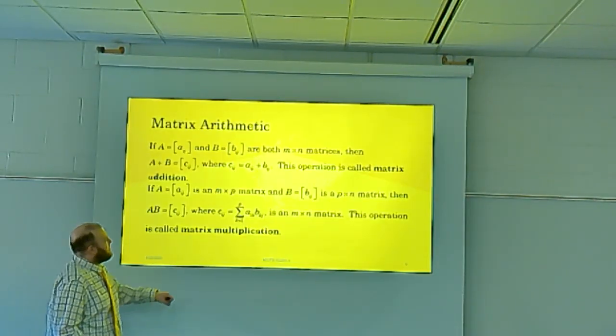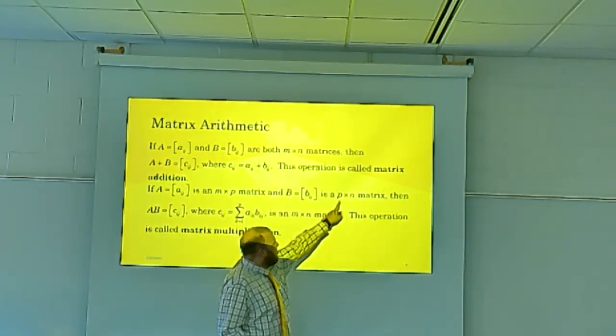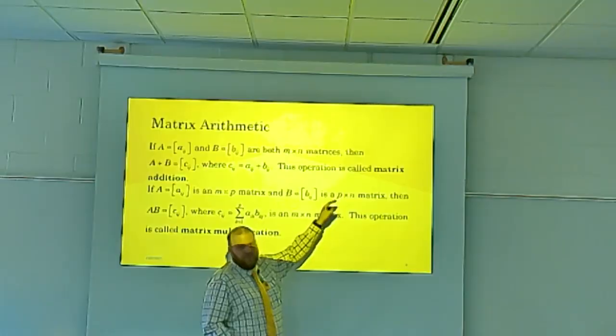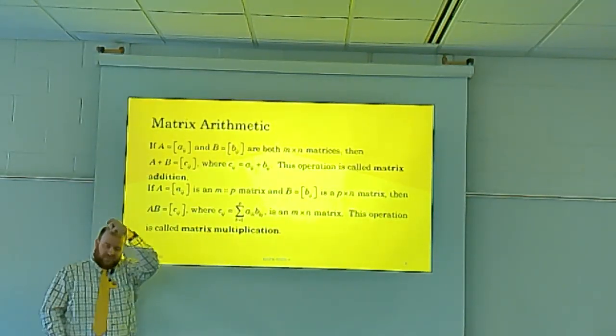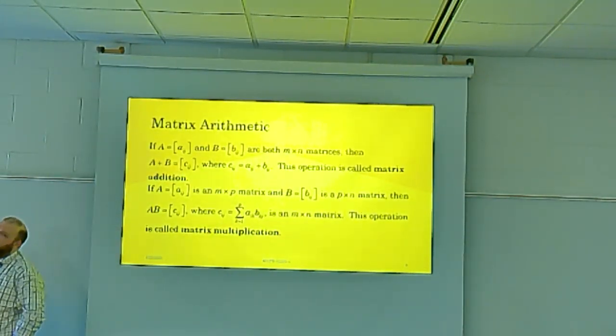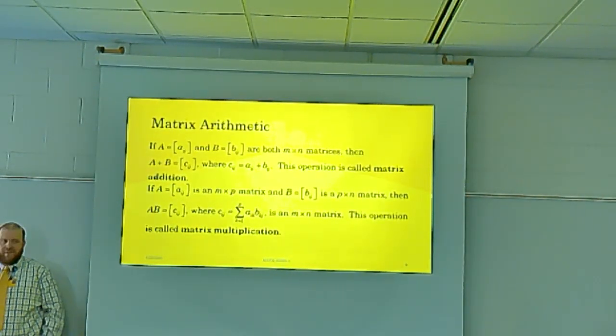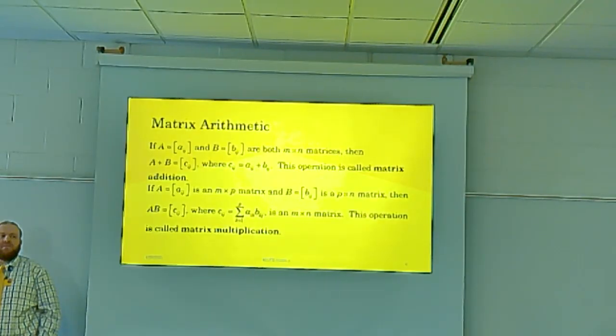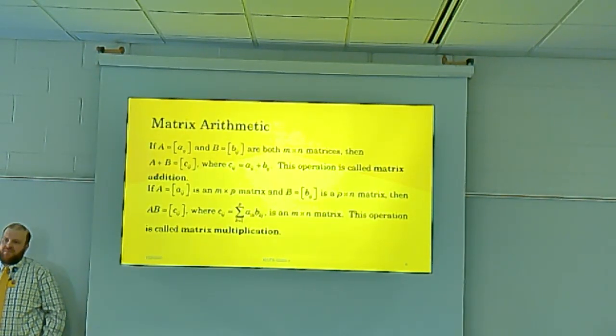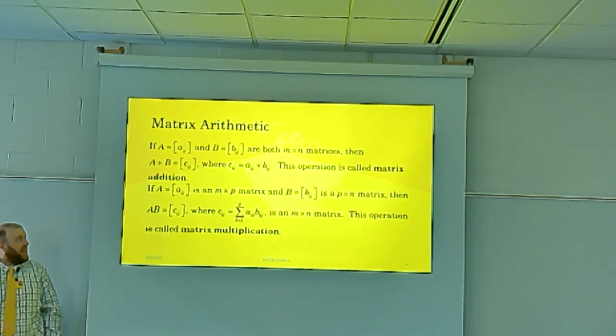So if you just look at the sizes, your middle numbers have to be identical. What happens if they aren't? Then the operation is undefined. So this should be very easy to see just from that.